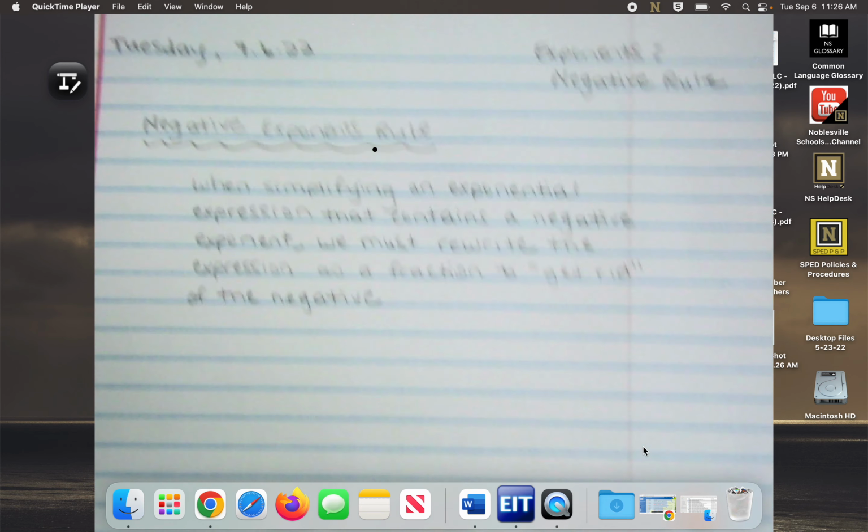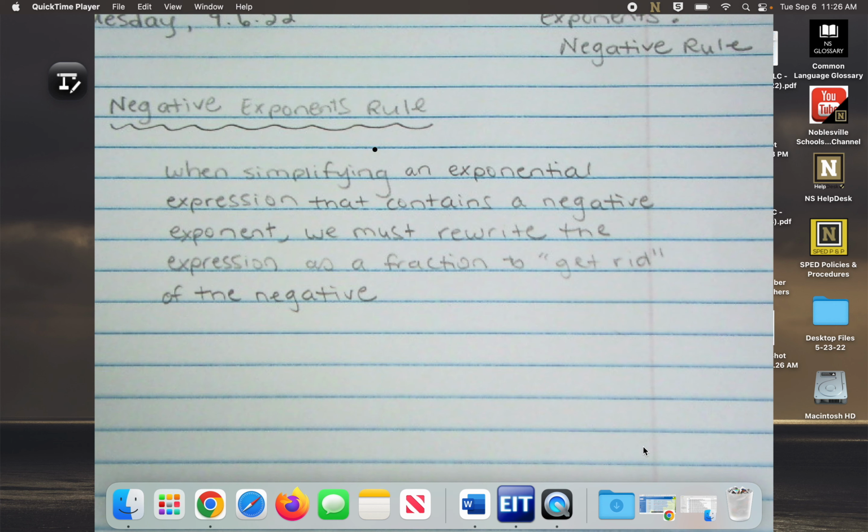When simplifying an exponential expression that contains a negative exponent, we must rewrite the expression as a fraction to get rid of the negative. Get rid needs to be in air quotes.